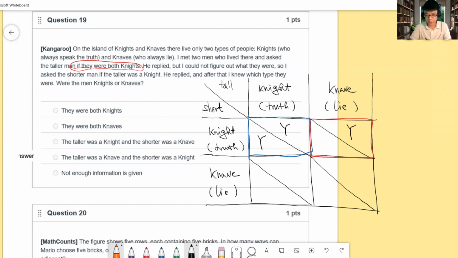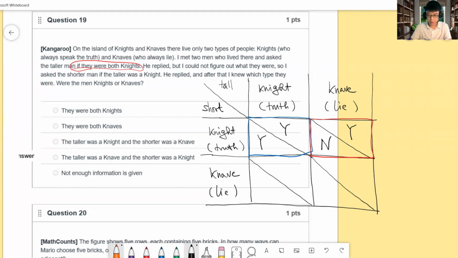That's a lie. Yes. And now the second question, is the taller one a knight? Because the shorter one is a knight, the answer is true. So the answer here is no. The fact is no, so the knight tells the truth. No.